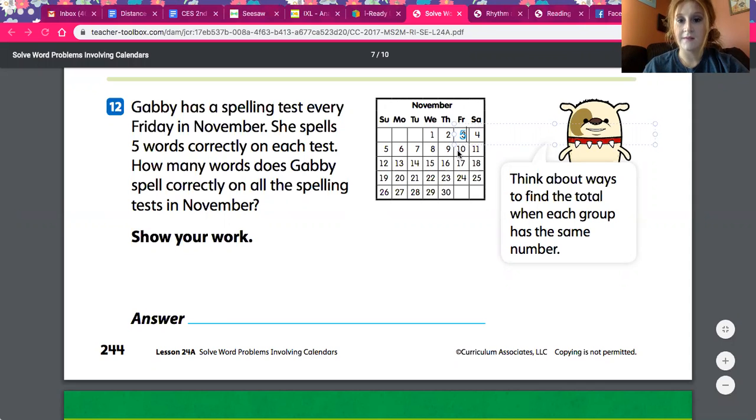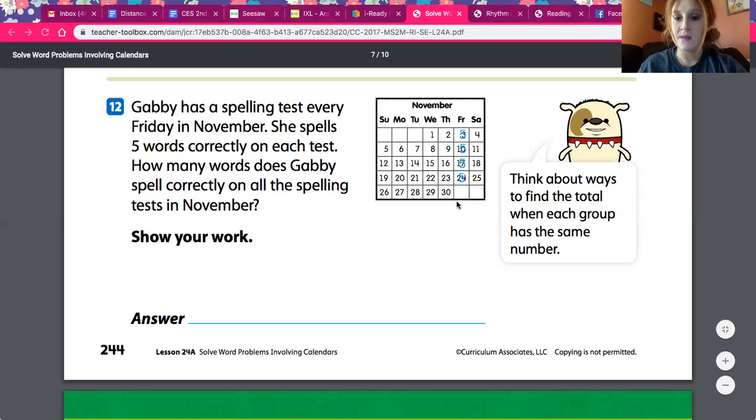The next Friday is the 10th. We're going to put a 5 on it. The next Friday is the 17th, and we're going to put a 5 on it. Then the 24th is the next Friday.